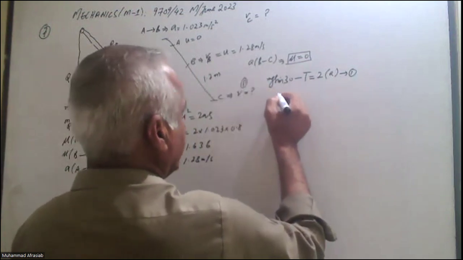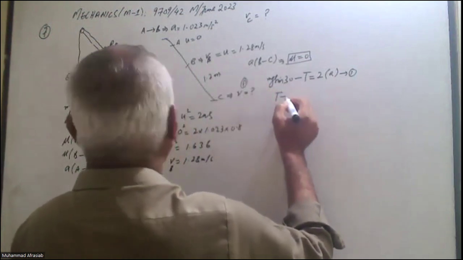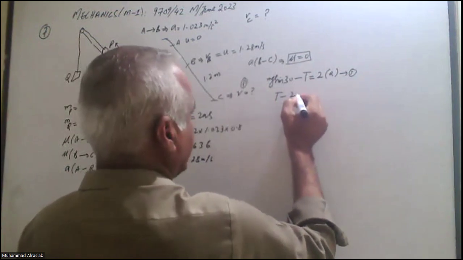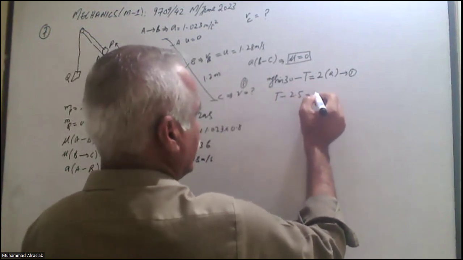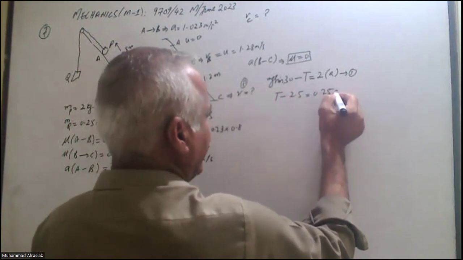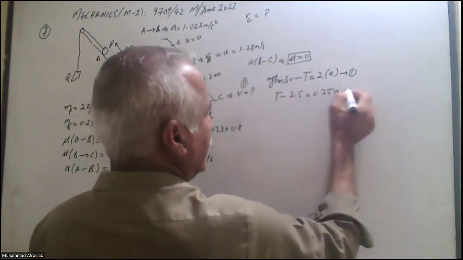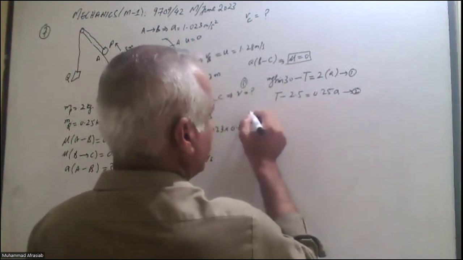And for the particle Q, tension minus the weight of that particle, 2.5, is equal to 0.25 A. Now we add these two equations.